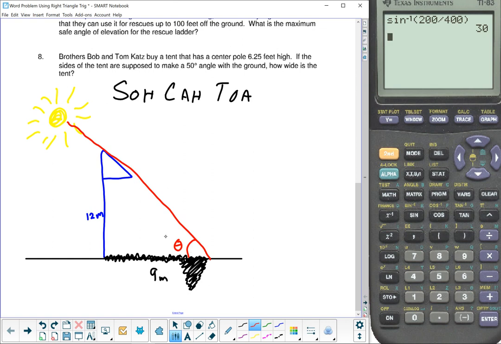With this right here, we have an opposite side and an adjacent side. So opposite over adjacent, that would be tangent. So we're going to use tangent of theta equals opposite, which is 12, over adjacent, which is 9. To find the angle, you just have to do the inverse tangent.